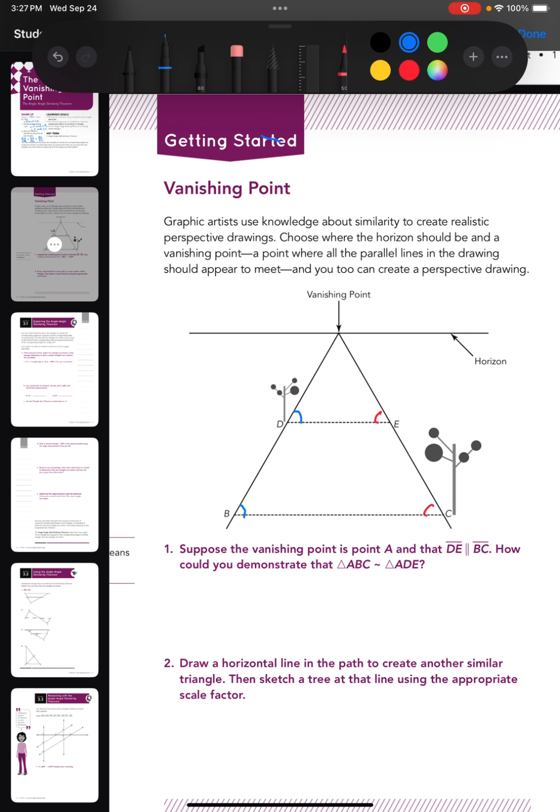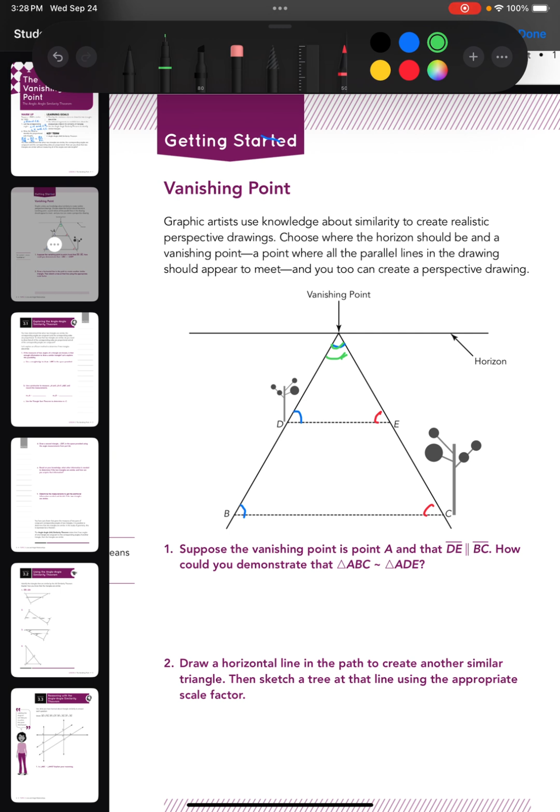And then obviously they share this angle as their third angle. So it creates two similar triangles where the angles are all congruent to each other, which means we have similar figures.